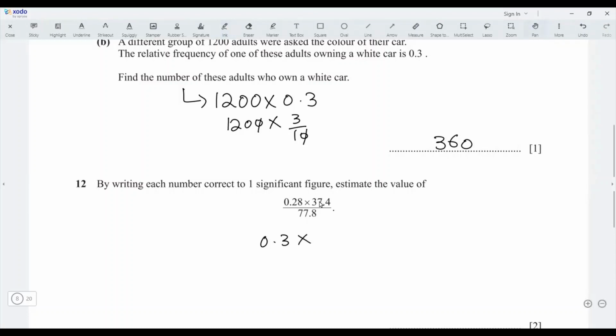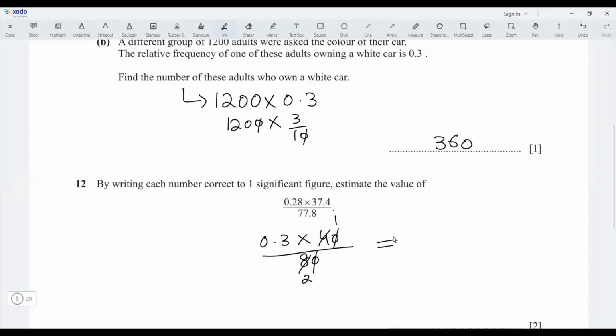After 3, that is 7. It's greater than 5, so adding 1 into the 3, it becomes 40.040. Divided by, the very first digit is 7. After 7, it is greater than 5, so it will be 880. The 0 will be cancelled with 0 for 1 times and for 2 times.